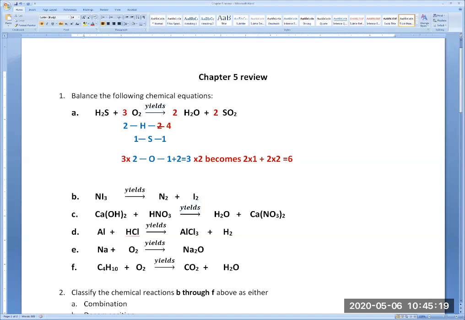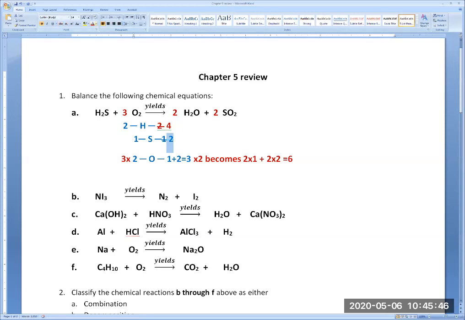So we need also to recount the number of sulfur. It's not 1 anymore, because we have a 2 in front of SO2, and now you do the 2 times 1, the subscript of sulfur, and so that means we have 2 sulfurs on the right now, right?